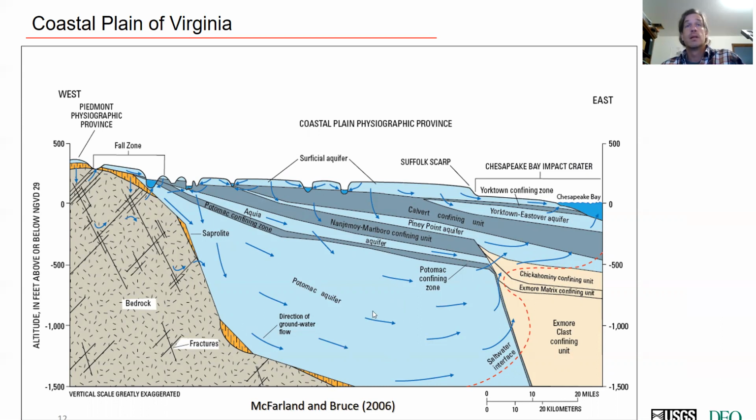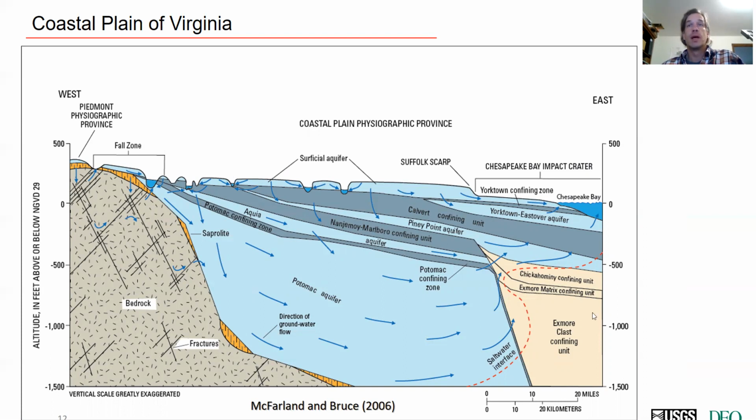That's kind of the analogy I like to use. So each aquifer is a little zone of cake that's capped by these clay units, or icing, that doesn't want to let water pass through it very easily. It can let water pass through it, but it takes thousands and thousands of years in some cases. So water can only really get in along the fall zone or through breaches in the confining unit.